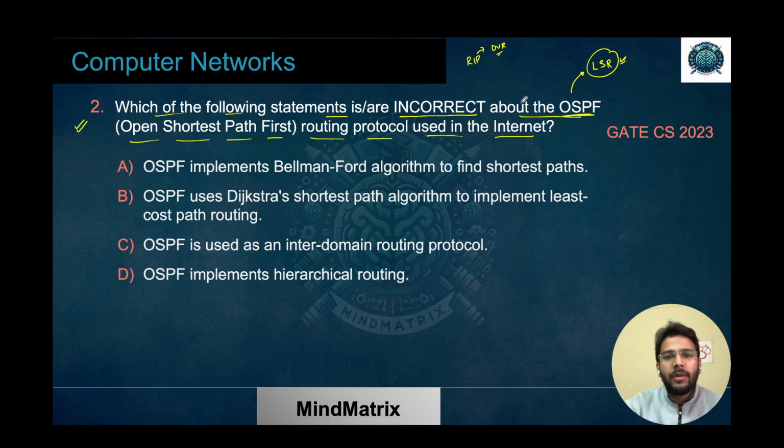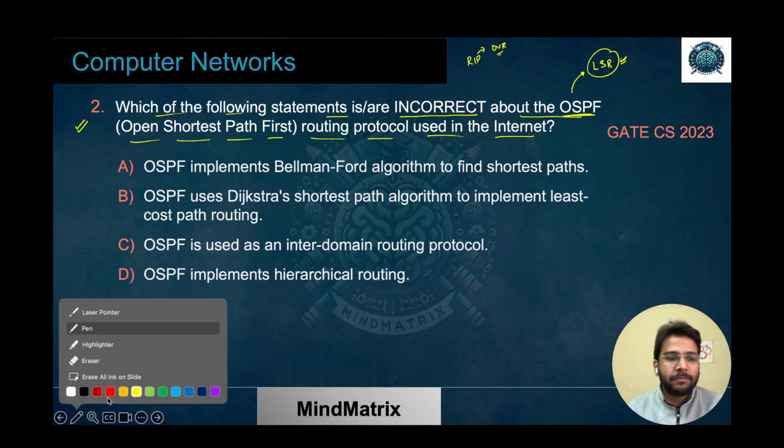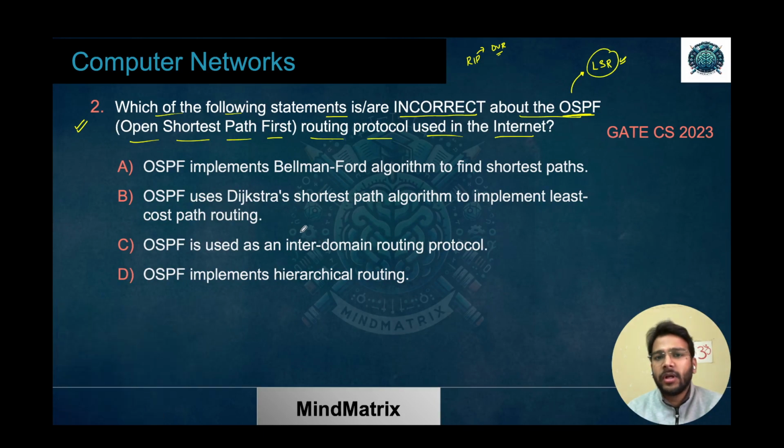Now let's see which of the following statements is or are incorrect for this routing protocol. Option A says OSPF implements Bellman-Ford algorithm to find shortest paths. And option B says OSPF uses Dijkstra algorithm to implement least cost path routing. It is basically a theoretical question.